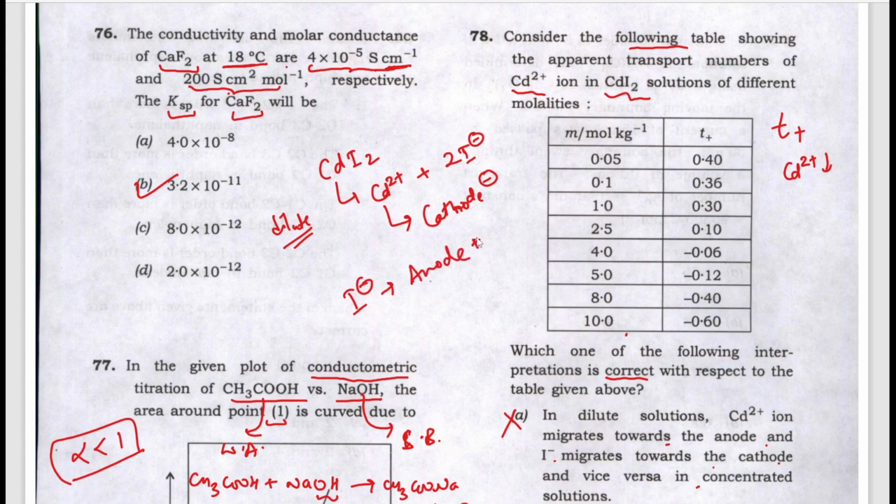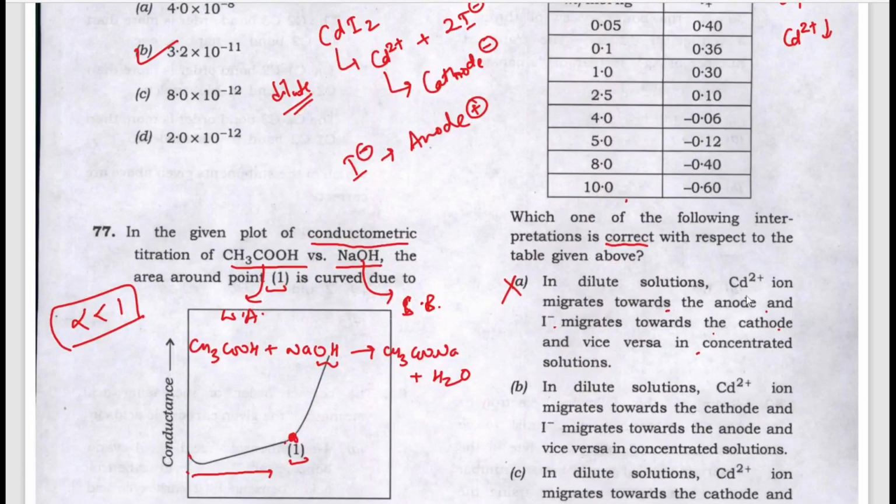Clear? So in the first option they are saying cadmium 2 positive migrates toward anode. No, cadmium 2 positive migrates toward cathode. So this is an incorrect statement.